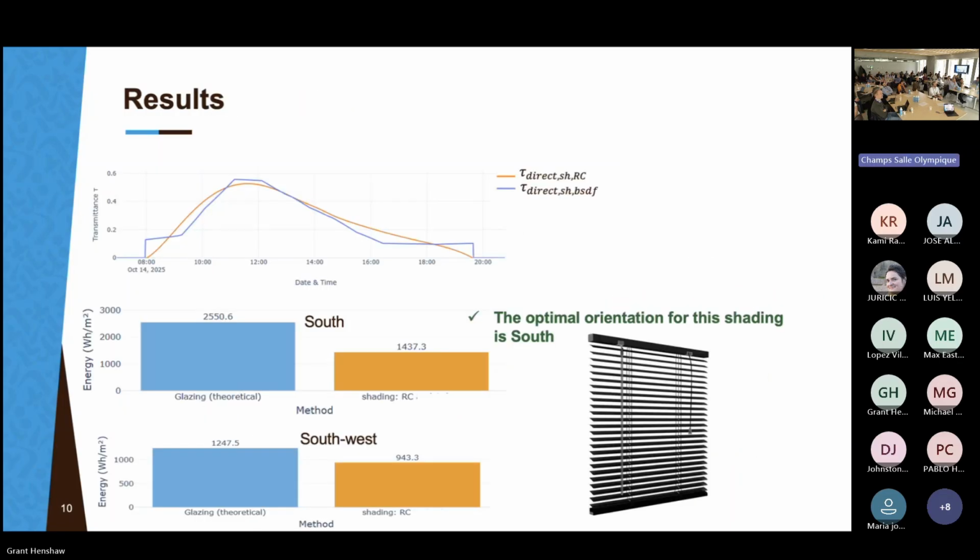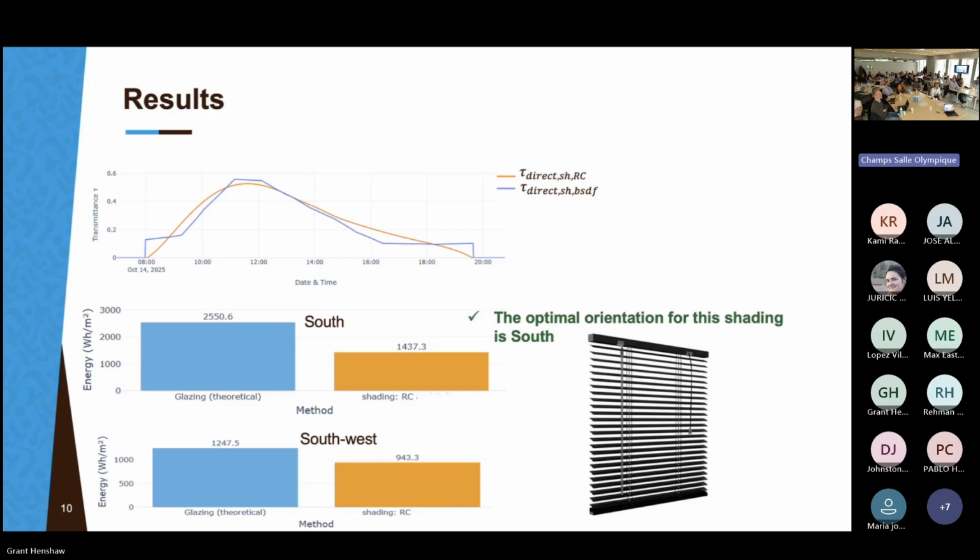So for the results, here in orange we have the direct transmittance estimated by the model. We used an approximation function, a B-spline. There is a lot of work regarding the use of B-splines for double glazing alone. In our case, we had double glazing with the shading. In the model you have all the parameters, but you try to estimate the coefficients of this B-spline.